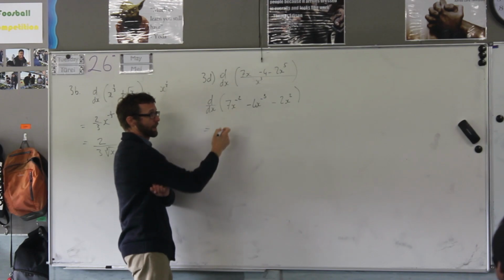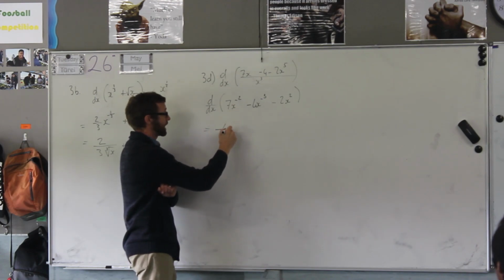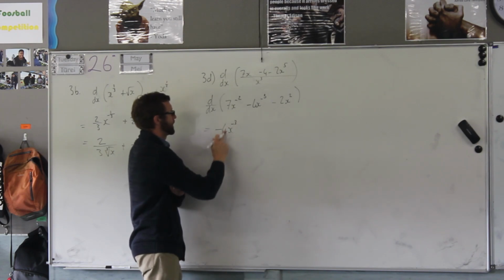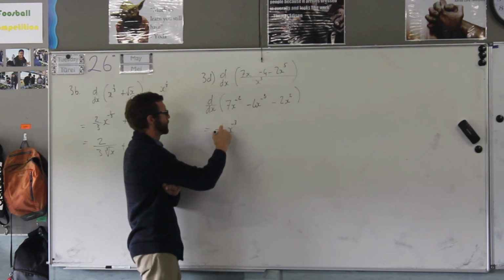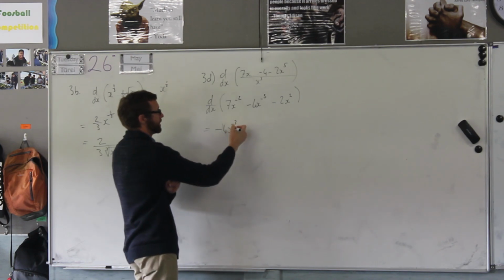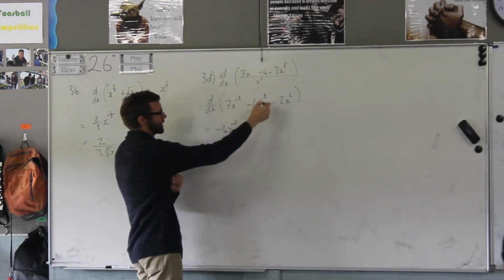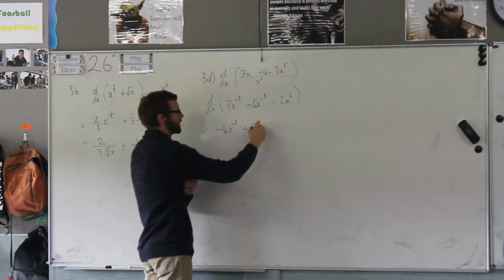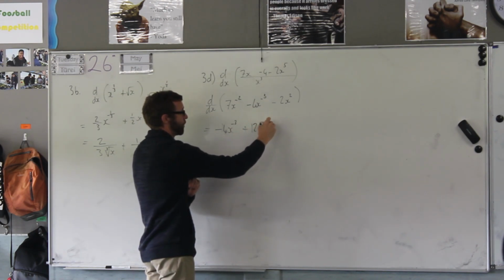So this one becomes minus 4x to the minus 14. Oh, sorry, yes. What did I say? 4. Minus 14. Well done, you guys are right. To the minus 3. And this one is going to be positive because minus times minus. So this will be 12x to the minus 4.